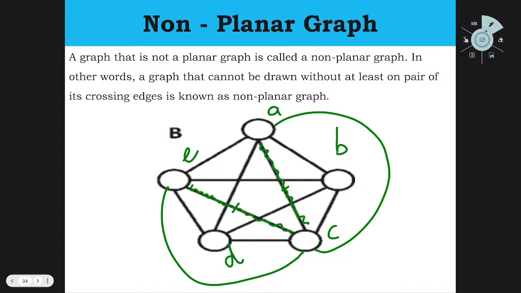It is crossing each other here, right? So again I am trying to make this one here. So it is crossing, so it is a non-planar graph. Any way you try, it will cross each other. So this is called a non-planar graph. Clear? Directly you can write non-planar. Where are they crossing? Here you can see. Here they are crossing each other.